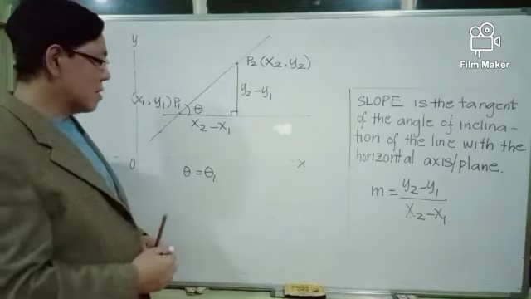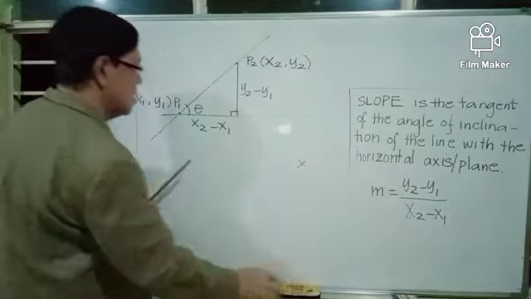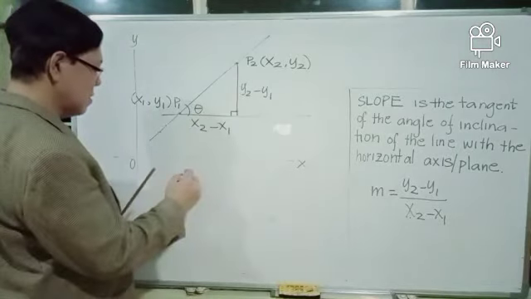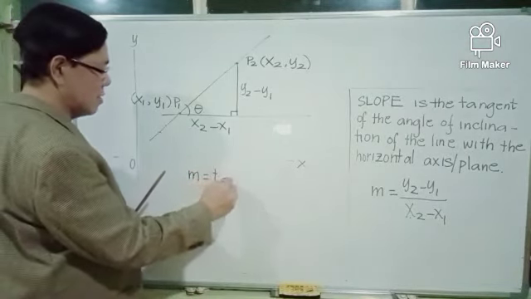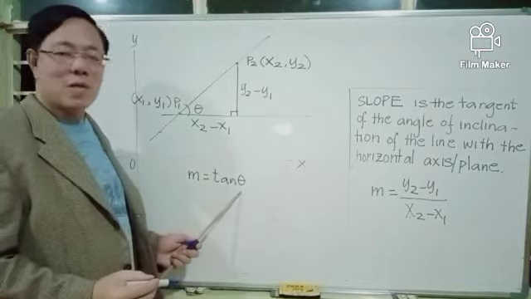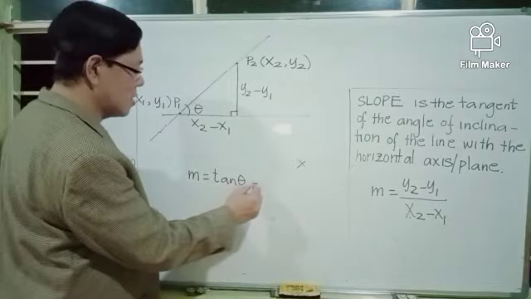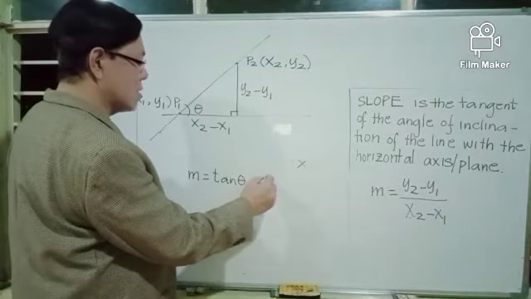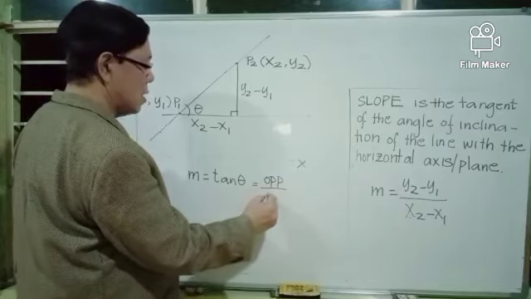Now, we can write the tangent of the angle of inclination of the line theta. The slope m is defined as the tangent of the angle of inclination of the line, which we denote by theta. And from plane geometry, the tangent of an acute angle theta is defined as the ratio of the opposite side to the adjacent side.